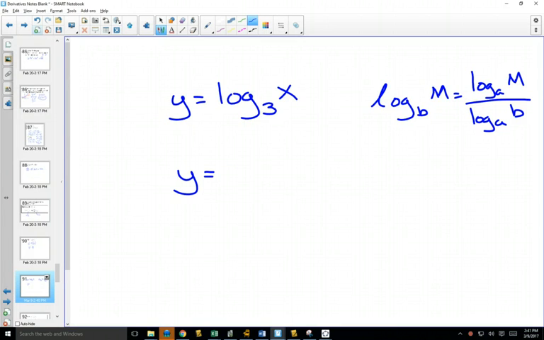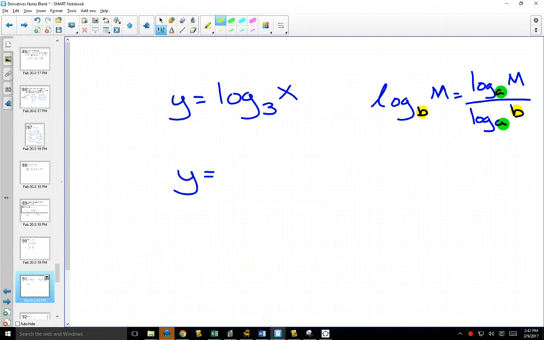What it means is if you have a base b and you want to change to a new base of anything you want, notice that the green part is only on the right-hand side of the equation, which allows you to change it to whatever you want. You can change log base 3 of x to, wait for it, log base 88 if you want.